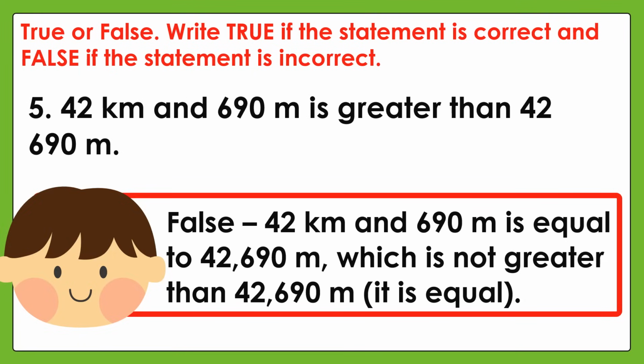The answer is false. 42 kilometers and 690 meters is equal to 42,690 meters, which is not greater than 42,690 meters. It is equal.